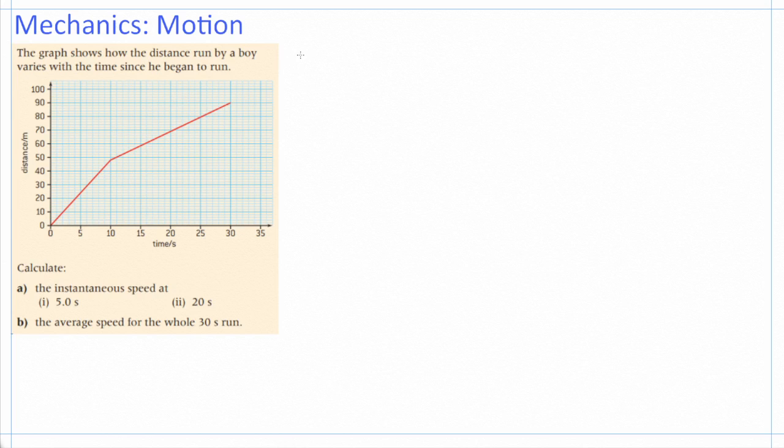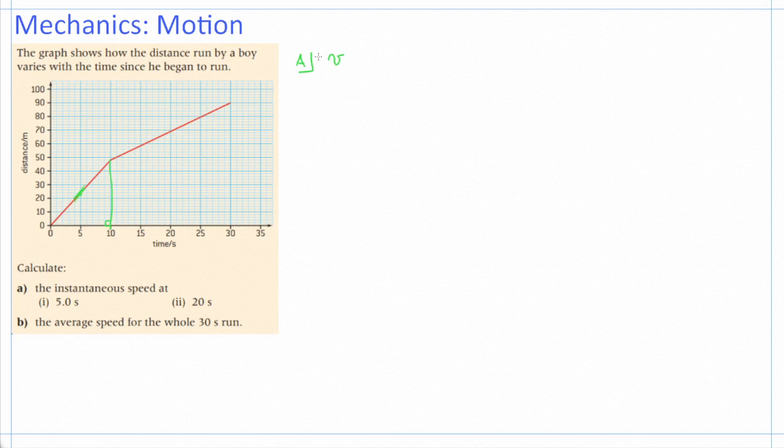So, the whole point here is, if you observe, it's flat. It's a constant speed. So, the instantaneous speed at 5 seconds is the gradient of this line, right? Isn't this the tangent line to this? It is. So it's the gradient. So we can close this triangle here, and work out the gradient, which is rise over run.